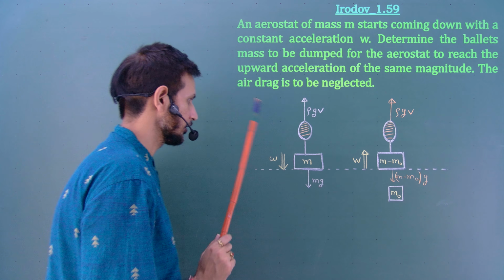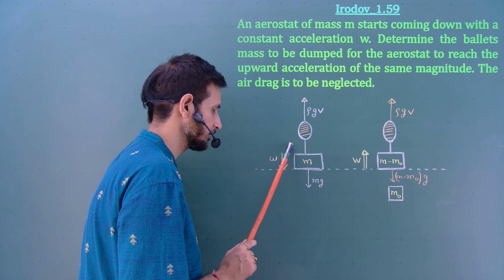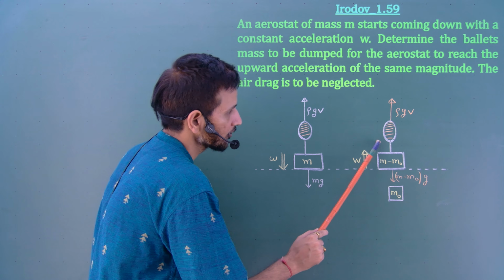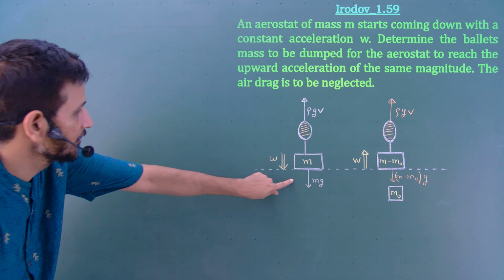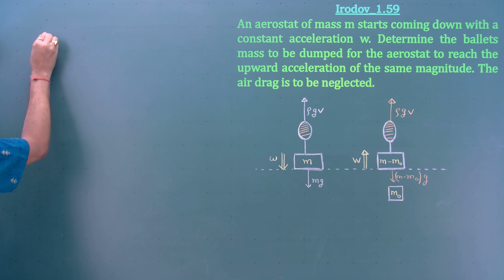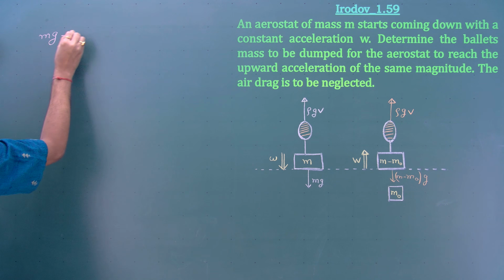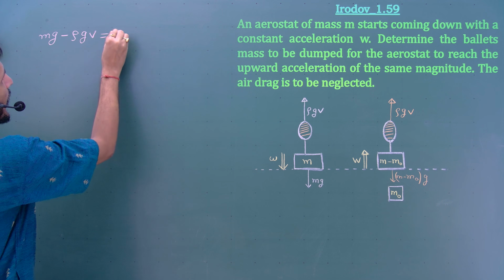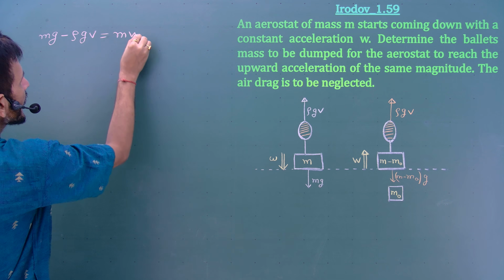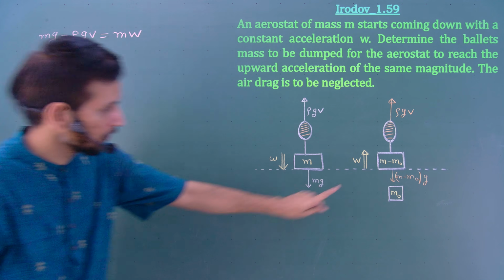Now one Newton's law equation from this figure and one Newton's law equation from this figure. Now let me see the equation. From this figure the equation is mg minus rho g v, force equal to mass into acceleration. Now what is the equation?